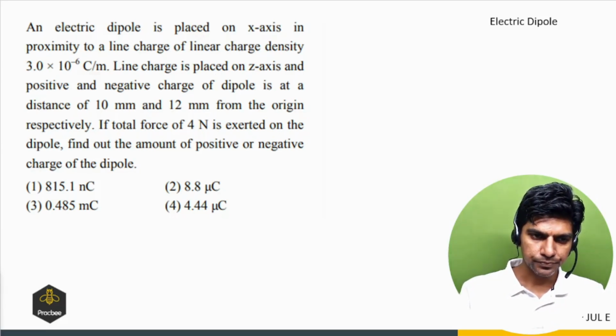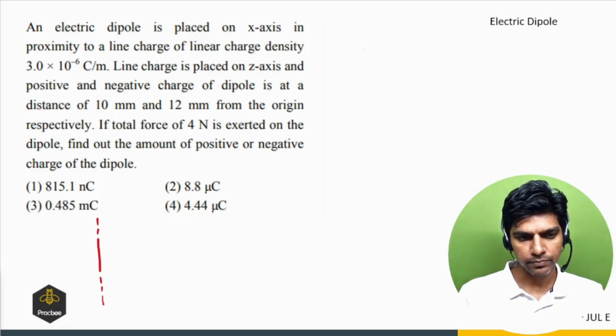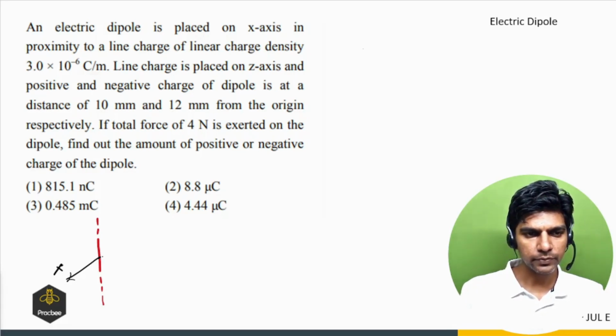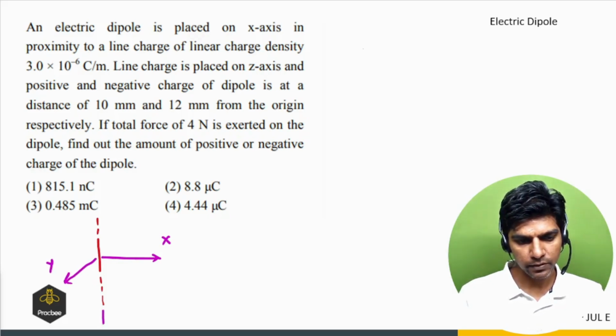So what we have been given, there is an infinite line charge, and this infinite line charge is on the z-axis. Let me take this as the x-axis. Let me change it. So this is X, this is Y, and this will be the Z axis.